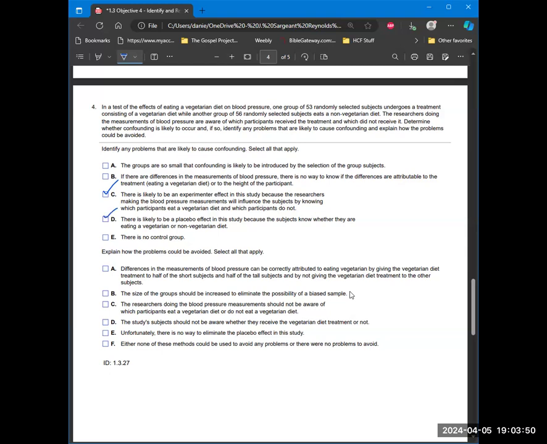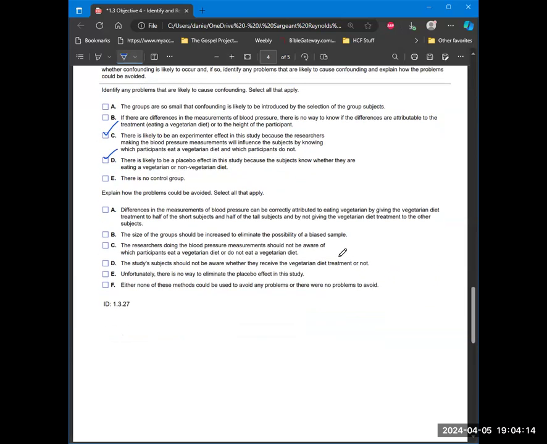That's one of the things I mentioned before. And while there's not a control group here of people who just kept their diet the same, that wouldn't really be helpful here. So that's okay that there's not a control group. We have the vegetarian and non-vegetarian diet. So that's enough.